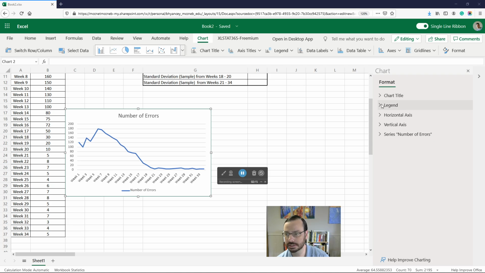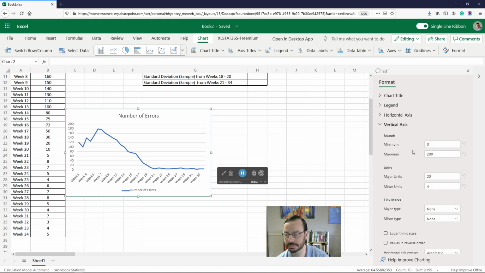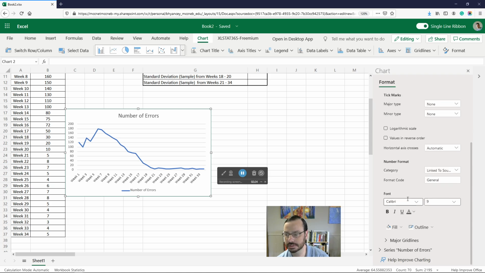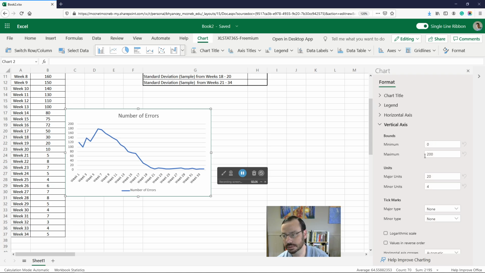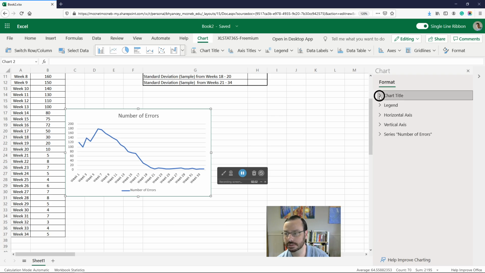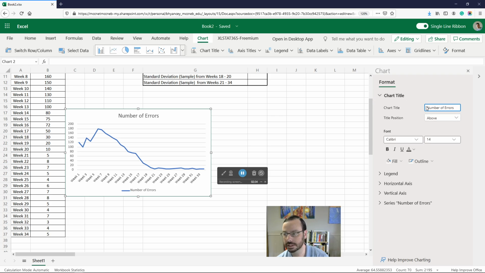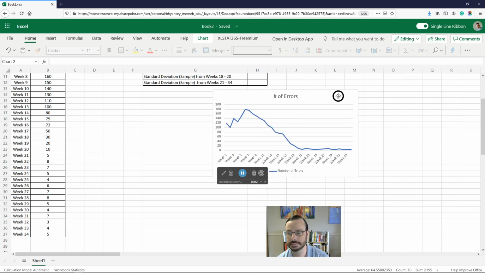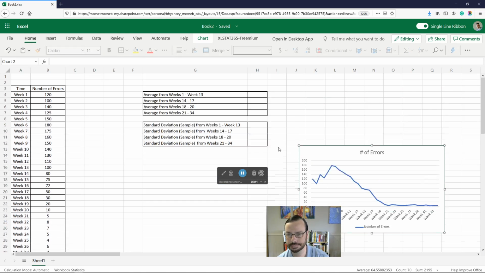You can change your legend, your chart title, and set your vertical axis and horizontal axis minimum, maximum, what units it goes by, a lot of stuff like that, which is important. But for today, I just want you to be able to make that chart title and call this number of errors. All right, I click my little X to close it out, and then we have our run chart.